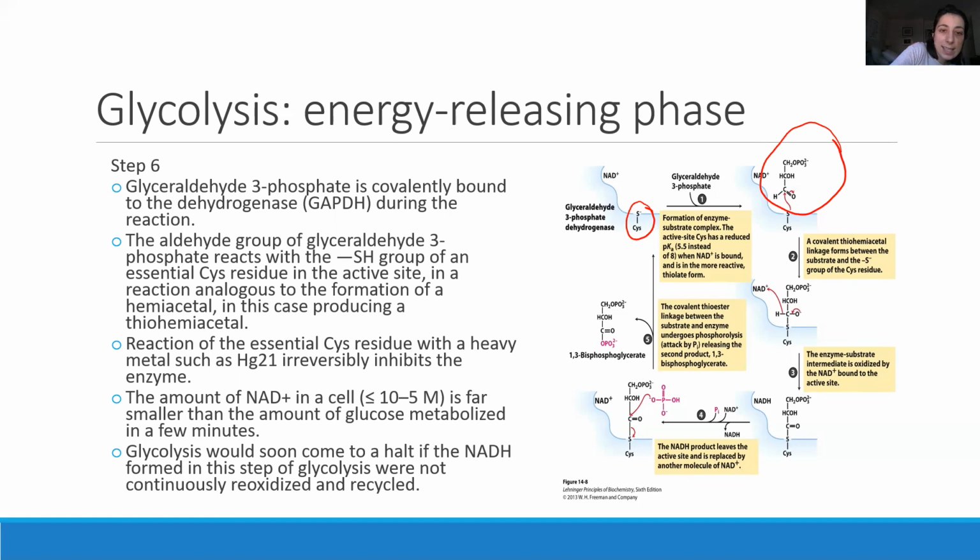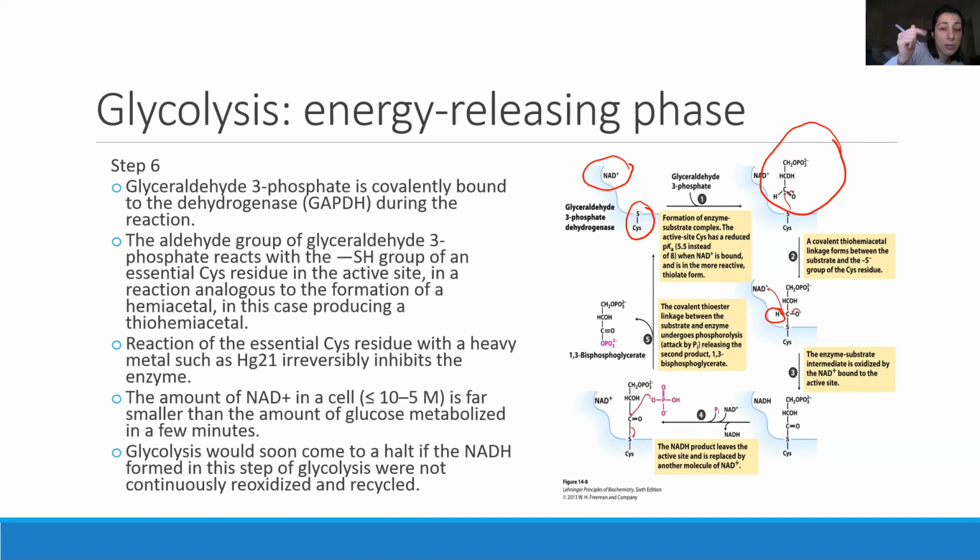And our NAD plus molecule is hanging out in the enzyme. The rearrangement of the molecule is going to cause electron movement from this oxygen through this carbon and out with this hydrogen.